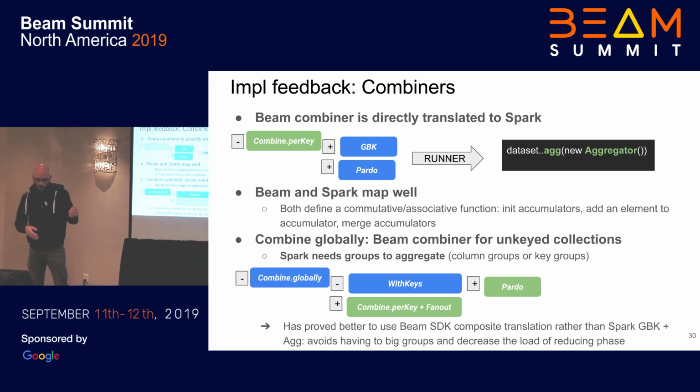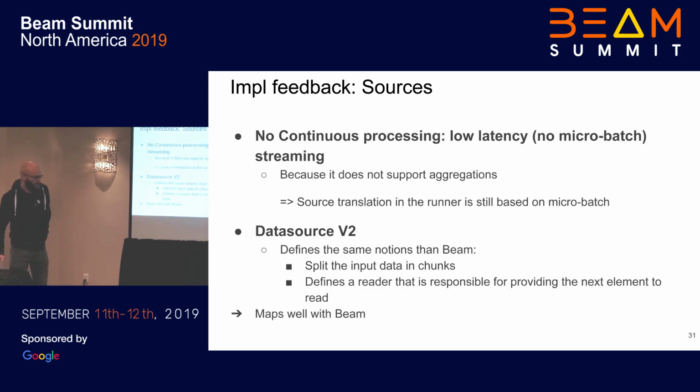Because the Beam SDK adds what we call fan-out. Fan-out is a way to reduce the load of the reduce phase by avoiding having big groups of elements when we have few keys. And by benchmarking them, this translation is better. So that's it for the combine.